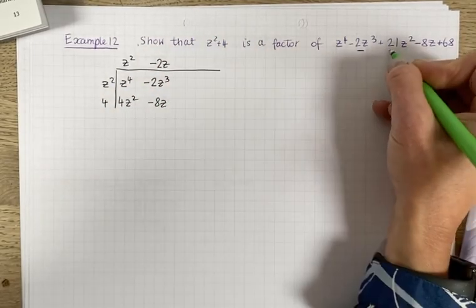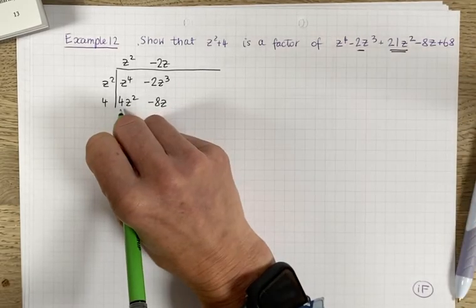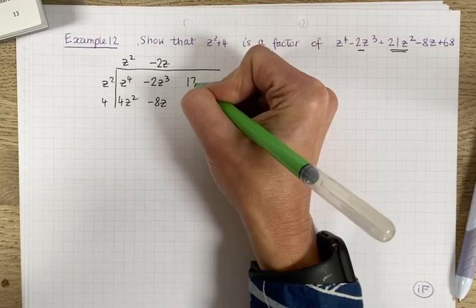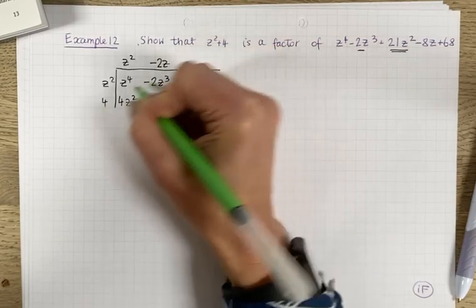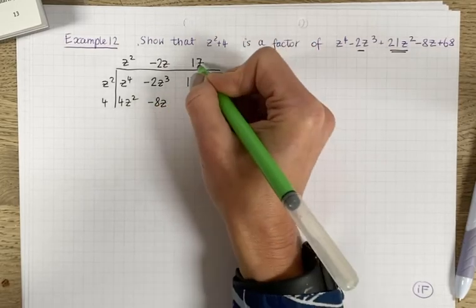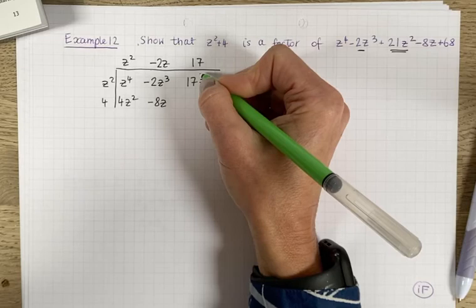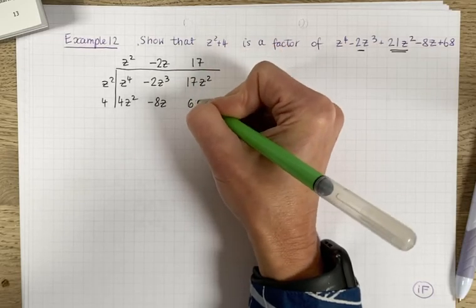The next one we're going to sort out is 21z squared. I already have 4z squared, so I need to add 17z squared. How many z squared in 17z squared? 17. 17 times 4, 7 times 4 is 28, 68.